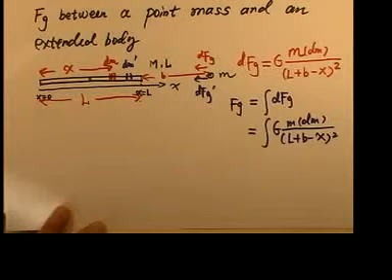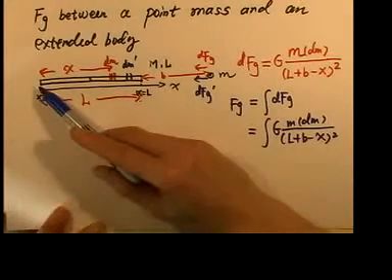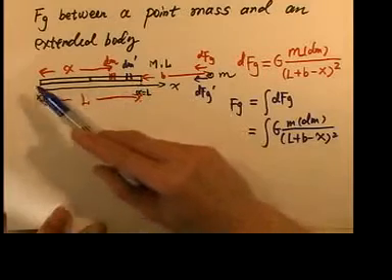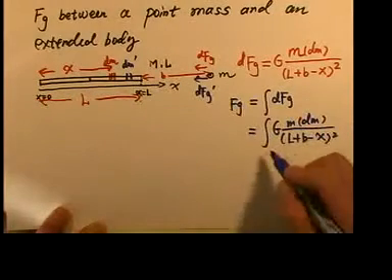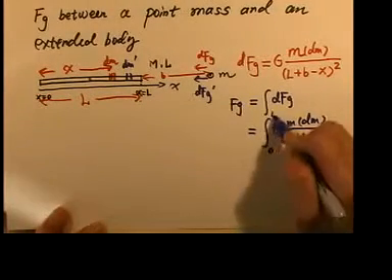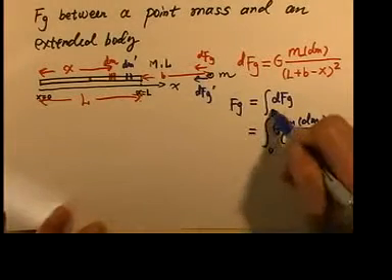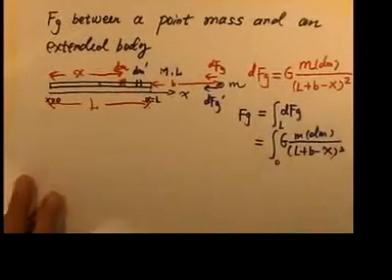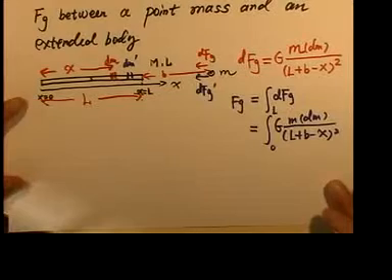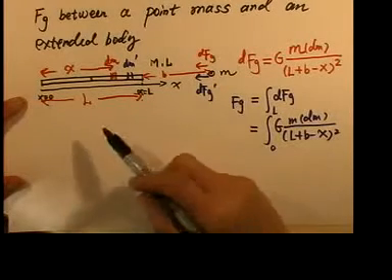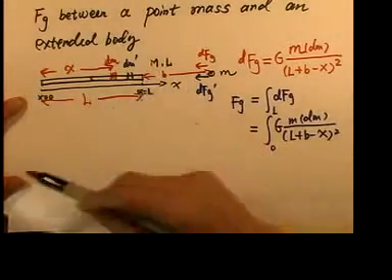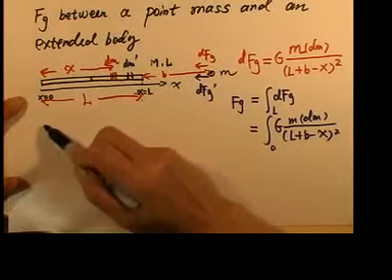Now what do we do? Since our ruler, this extended body, starts from x equals 0 and ends at x equals L, we integrate from 0 to L. Now we need to finish this integral. This is a mass procedure. So assume that the ruler has a uniform mass.